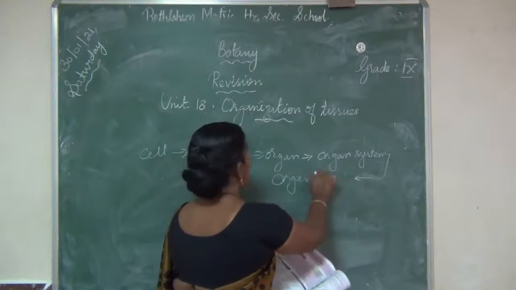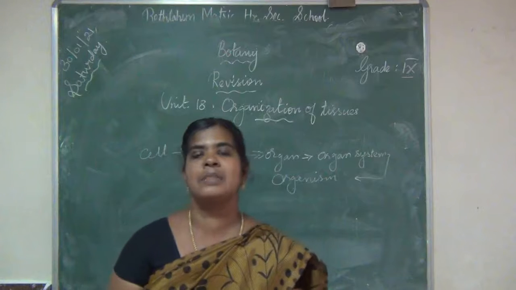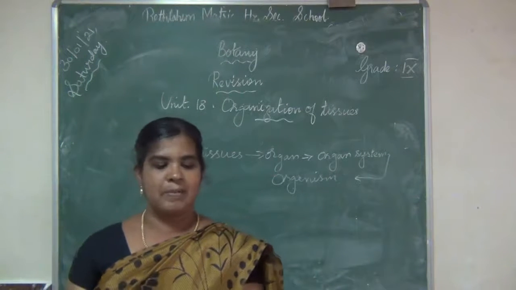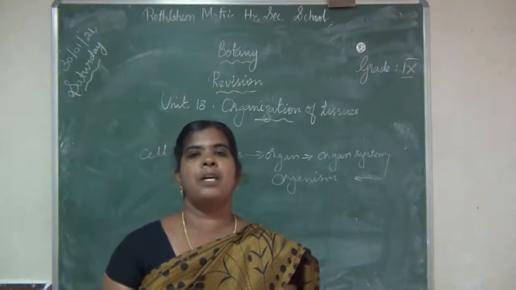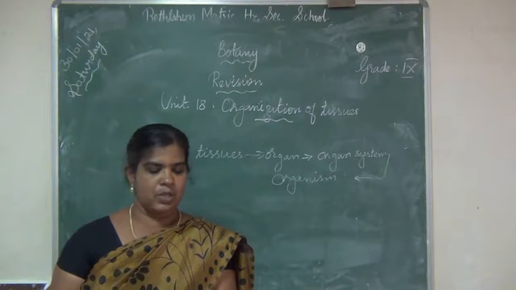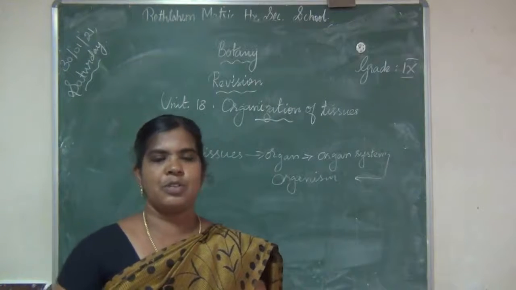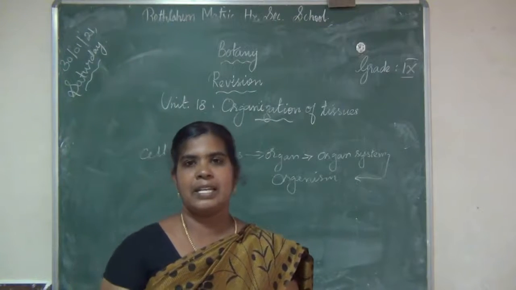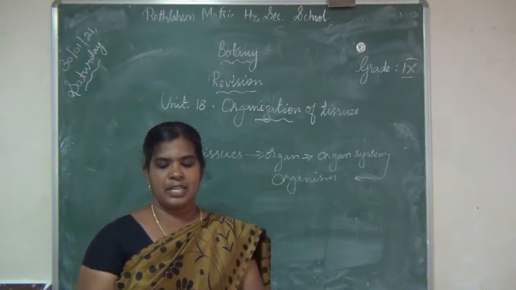So you must know what is cell, tissues. In the second paragraph, a group of cells positioned and designed to perform a particular function is called a tissue. Can you define tissue? Tissue is a group of cells positioned and designed to perform a particular function.